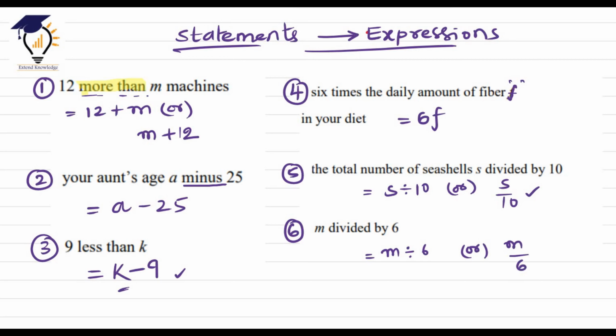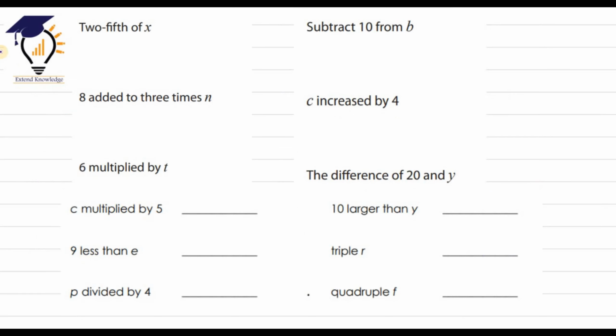This is how we convert statements into expressions using the phrases. In each statement you can see some keywords: times, total number of seashells divided by, less than. So keywords are actually given. Using those keywords and the table we discussed earlier, we can convert into expressions. 2/5 of x: the phrase here is of, which means multiplication.